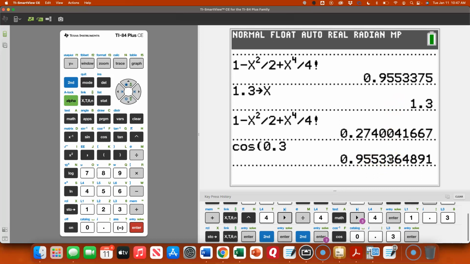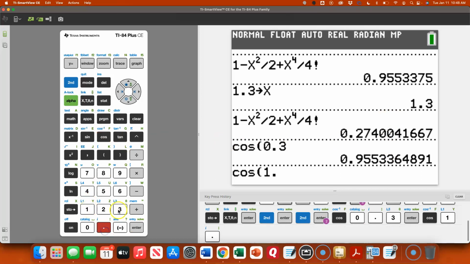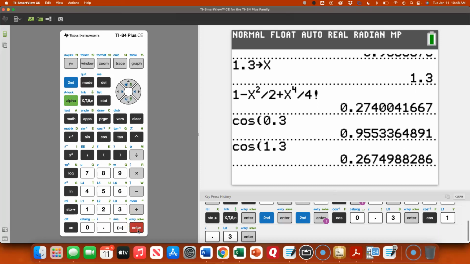What? This is crazy. I'm just writing this down too. And then if I do cosine of 1.3, do you expect this to be as good, better, worse? Why is it worse? That's further. Very good. Exactly. And you can see it is a little worse.